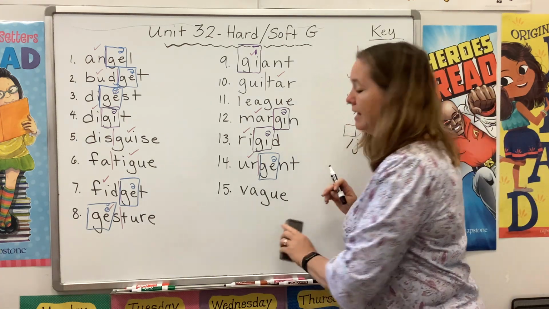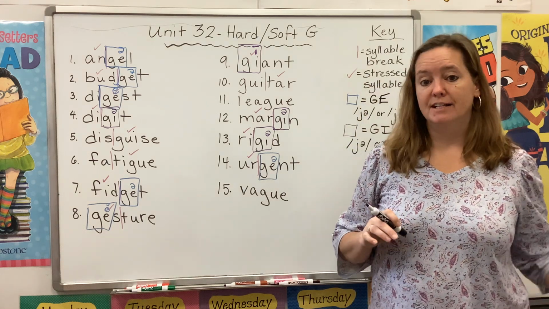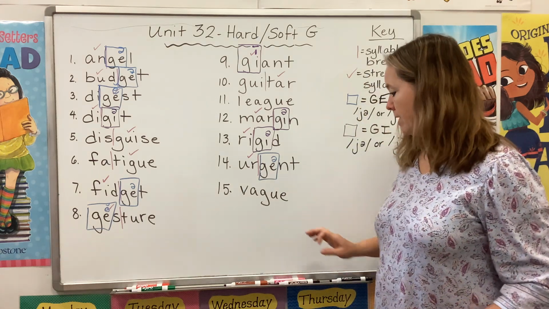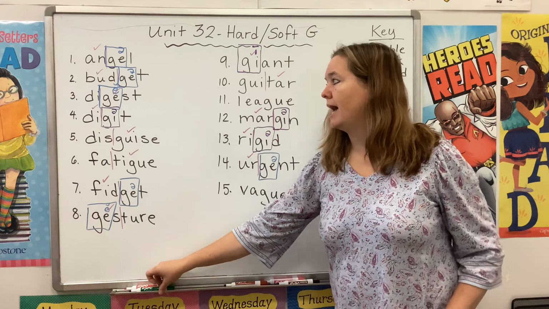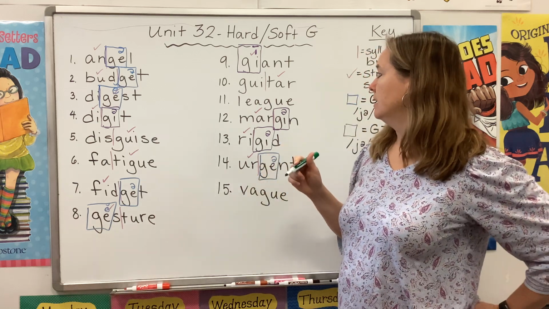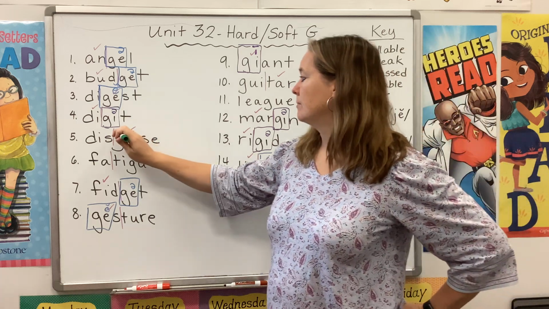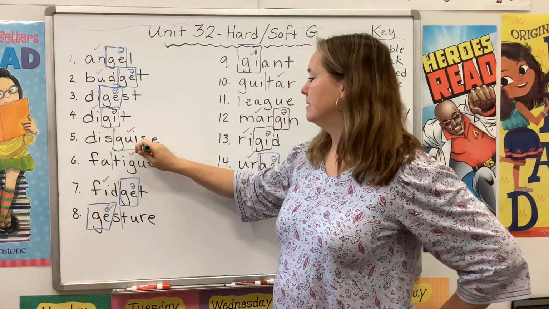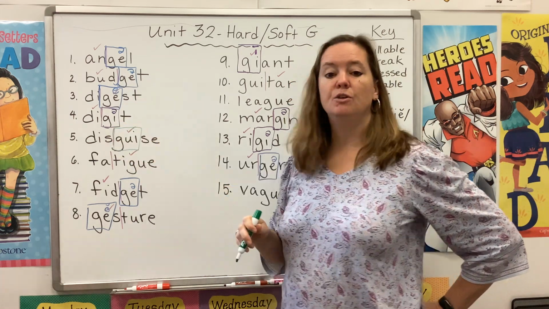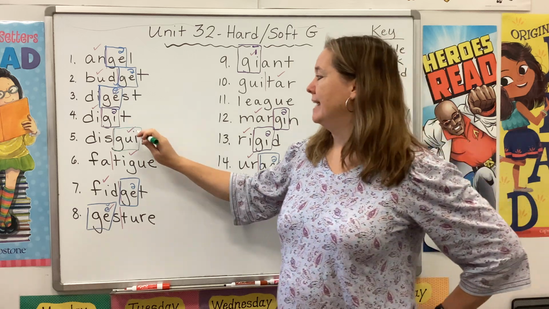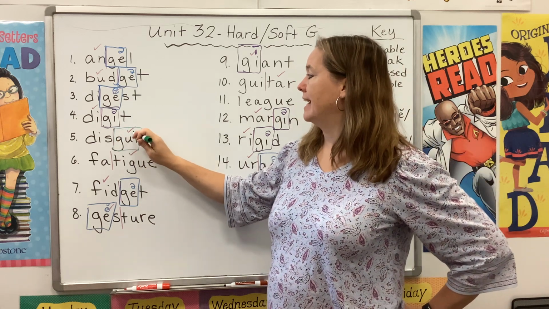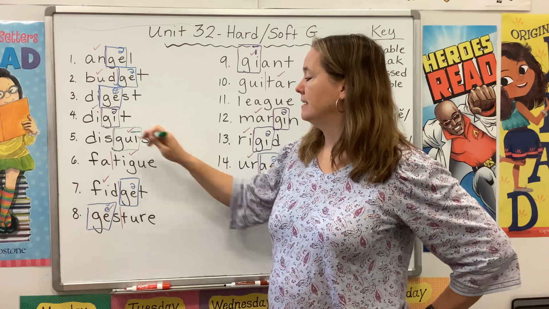Okay, let's talk about our hard G now, okay? So let's look at a word like disguise. Right here, we have GUI, and the G is hard and the I is long.